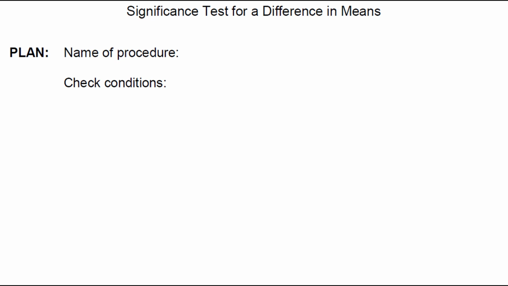Thinking about what type of problem we're working here, we're doing a 2 sample t-test for difference in means. Write it out just like that: 2 sample t-test for mu1 minus mu2. Simple explanation. It tells exactly what we need to do.